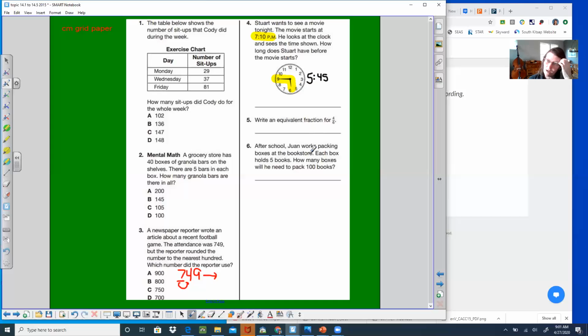You want to count on and see how much time it would be till the movie started. Could you add an hour onto 5:45? Well, if we did, it would be 6:45. And then you need to count on, you can count on in 5-minute chunks to get to 7:10. So you have at least 1 hour.